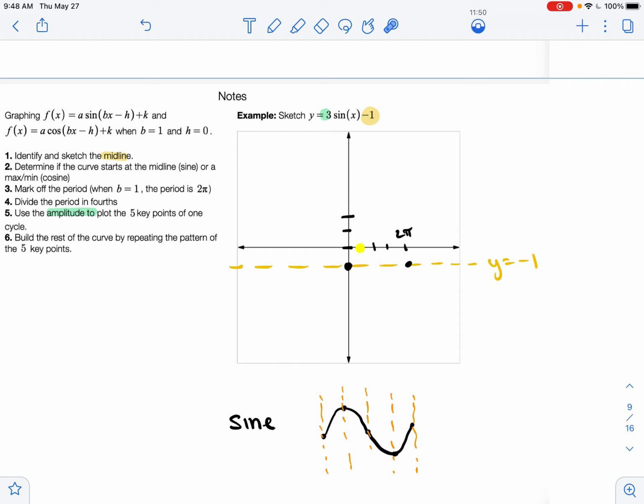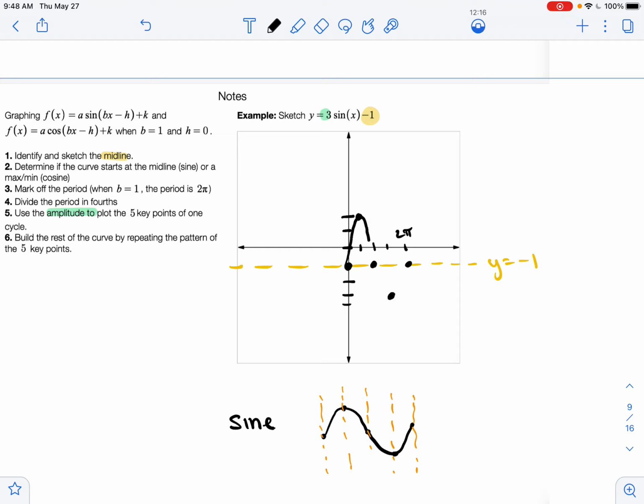So at pi over 2, I'm up at 3. I'm just following this shape, where we go midline, max, midline, min, midline. So midline, max. At pi, I'm going to be at midline. At 3 pi over 2, I'm going to be a distance of 3 below my midline. So 1, 2, 3.